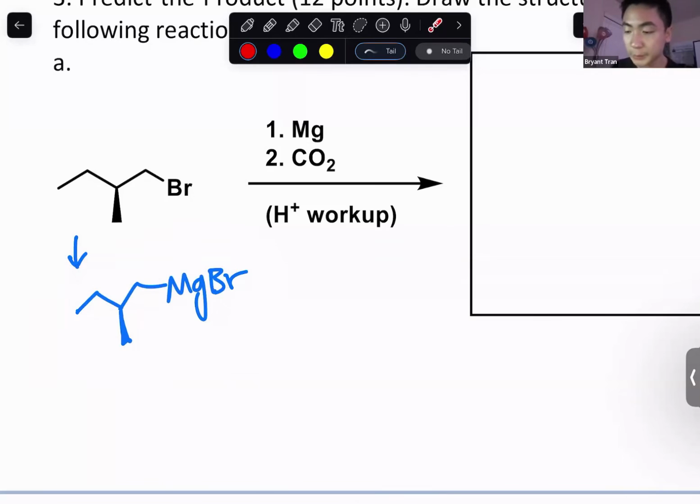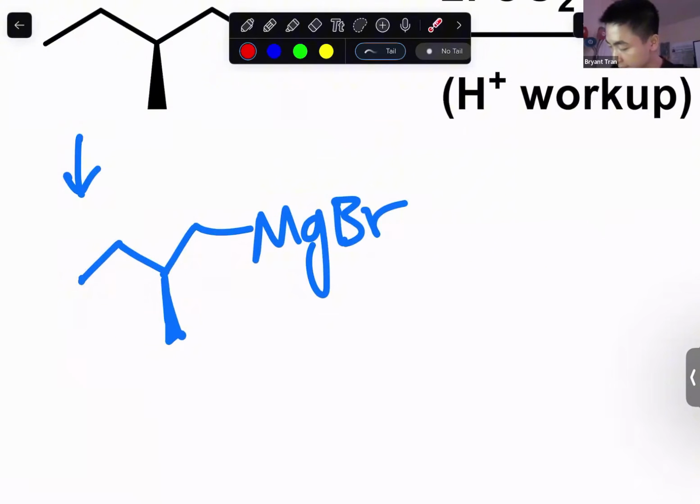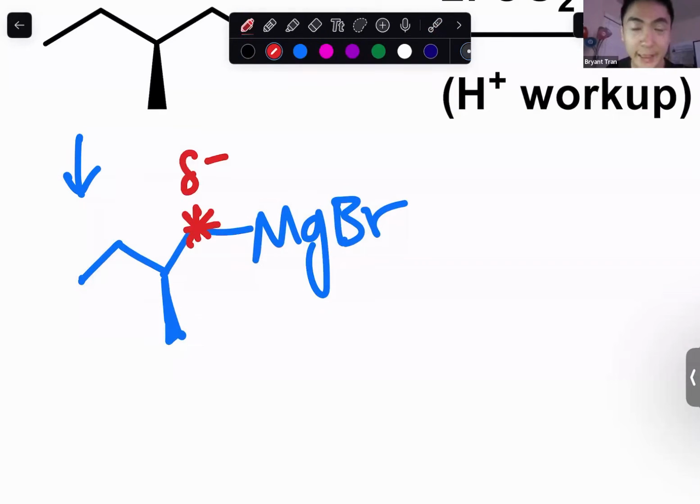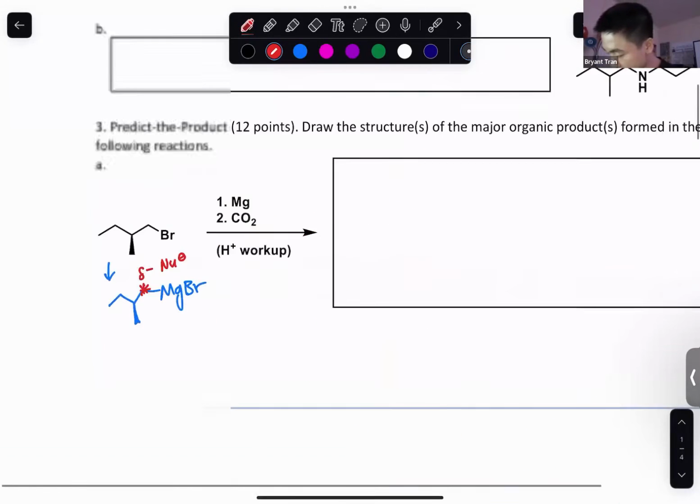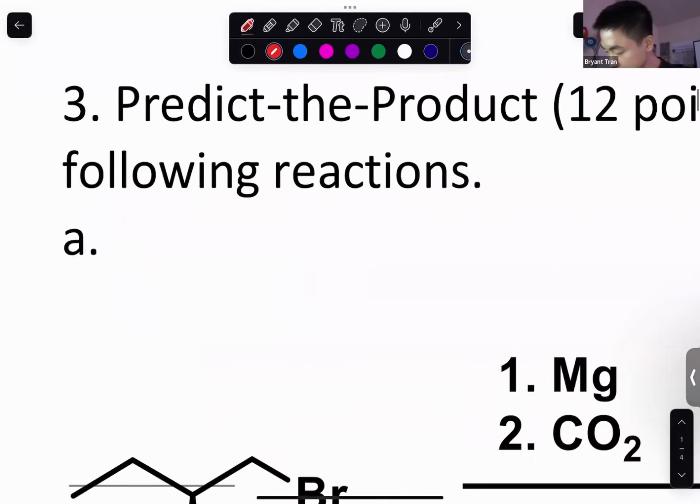So electrophiles are going to be positively charged, which will get attacked by nucleophiles, right? If you see this carbon directly attached to the Mg, that carbon is going to be negatively charged, and this negatively charged carbon is going to be the nucleophile that's going to attack an electrophile.